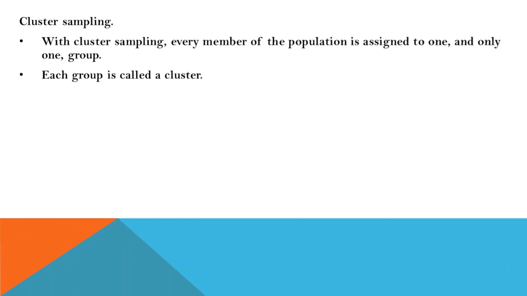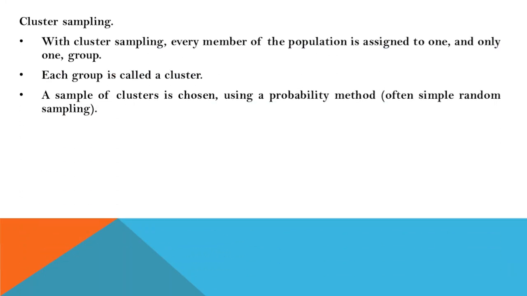The third type of probability sampling is cluster sampling. Within a cluster sampling, every member of the population is assigned to one and only one group. Each group is called a cluster. A sample of clusters is chosen using a probability method, often simple random sampling.